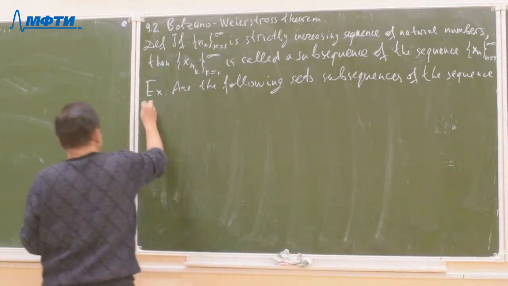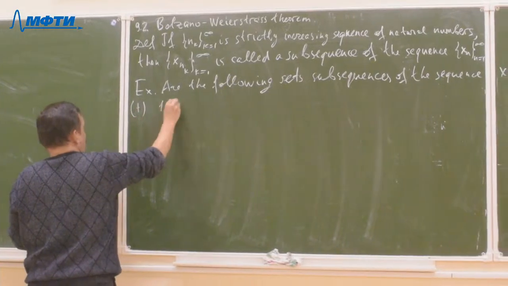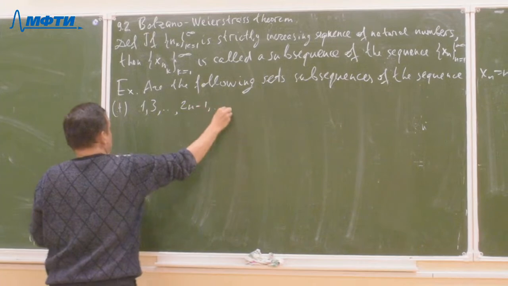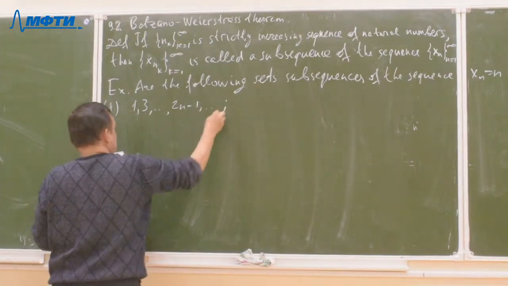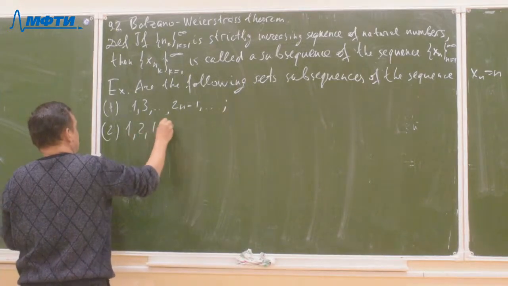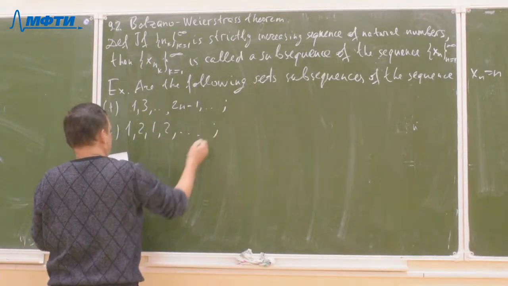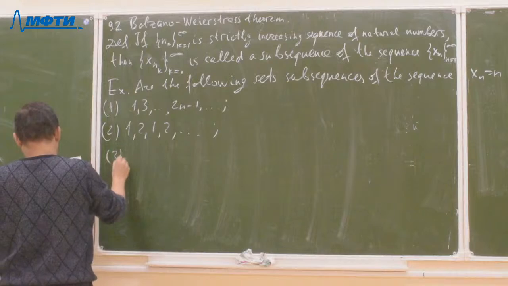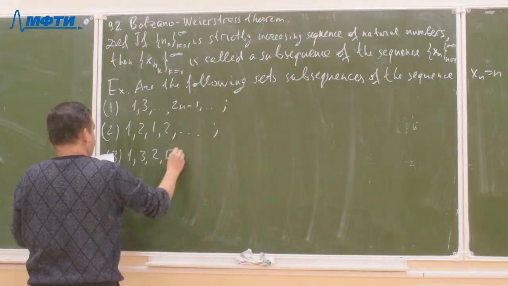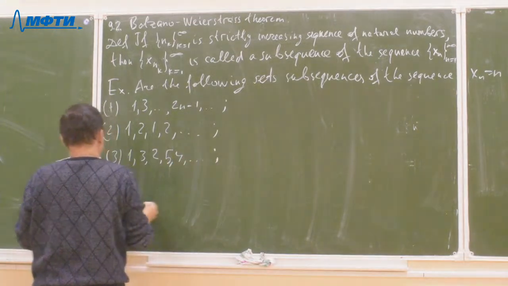First: 1, 3, and so on, to n minus 1, and so on. Second: 1, 2, 1, 2, and so on. Third: 1, 3, 2, 5, 4, and so on.